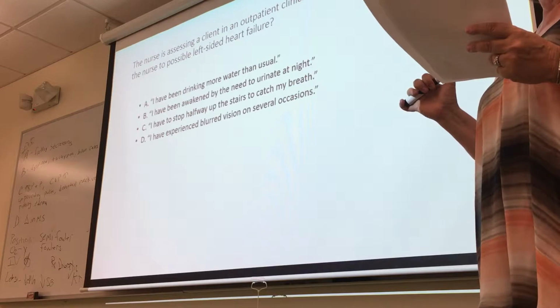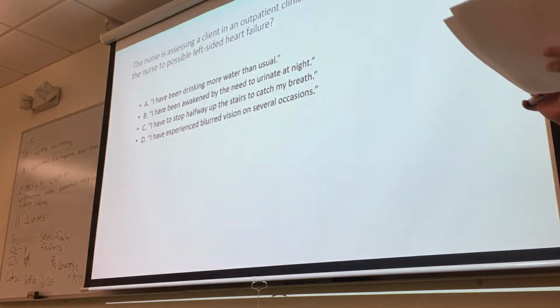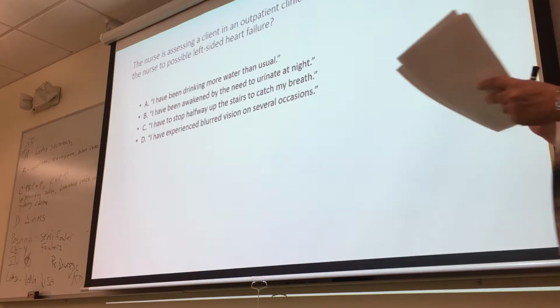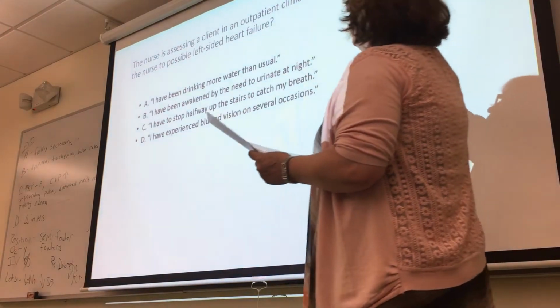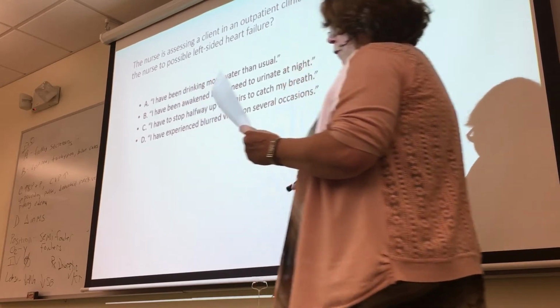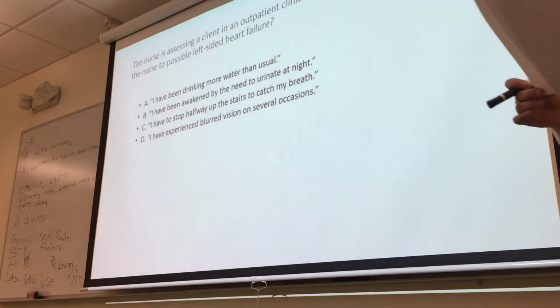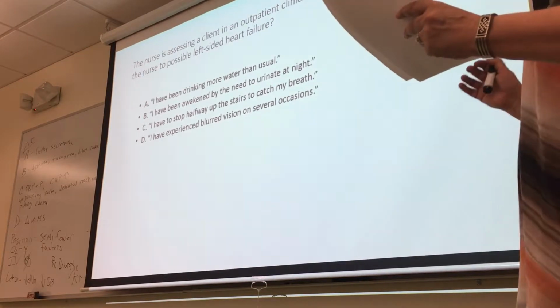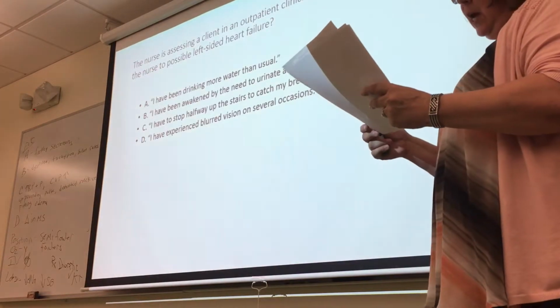B, I've been awakened by the need to urinate at night. C, I have to stop halfway up the stairs to catch my breath. D, I have experienced blurred vision on several occasions. Which says breathing issues with left lung? C is correct. Manifestations of left-sided heart failure: crackles, wheezes, breathlessness, pulmonary congestion.